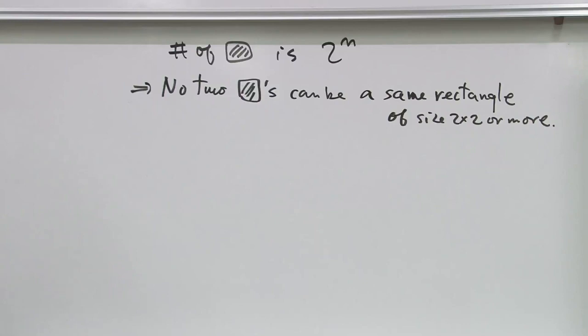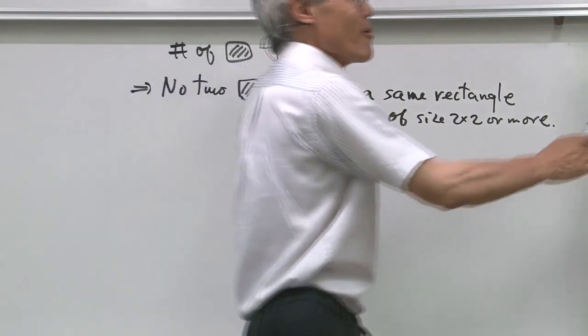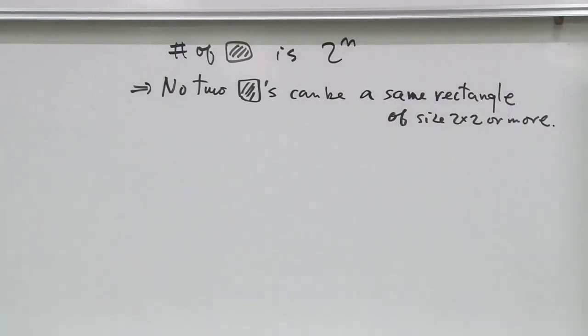Now suppose that we can divide the whole table into small rectangles by red lines. Now you can see that no two of these special cells can be in the same rectangle.